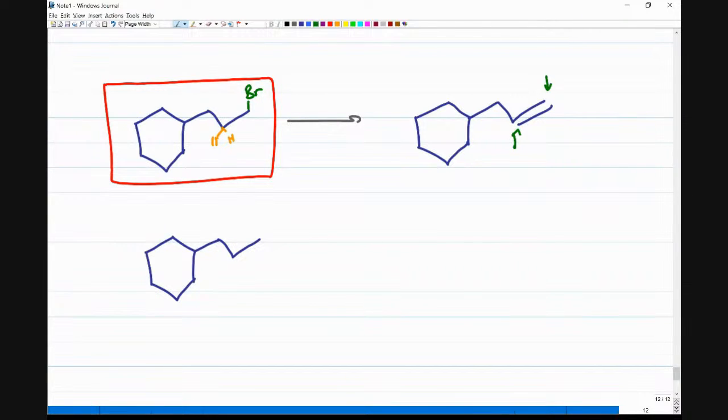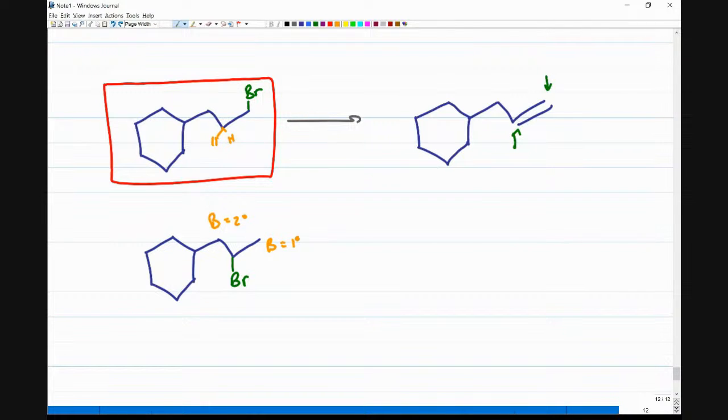If I put my leaving group on the more substituted, then my product would not go here because look at my beta hydrogens. This one right here, beta equals primary. This one, beta equals secondary. My more substituted product with this bromine would be right here, which is the wrong answer. Do you see why? To get the most substituted pi bond, I need to have my leaving group on the less substituted carbon.